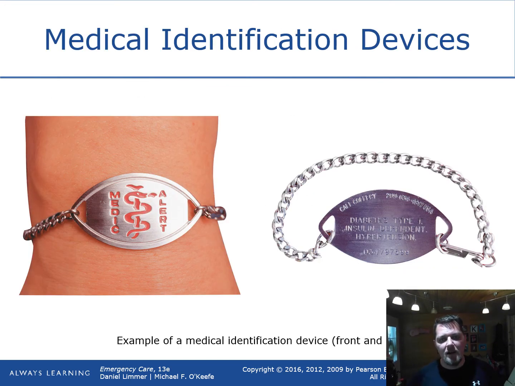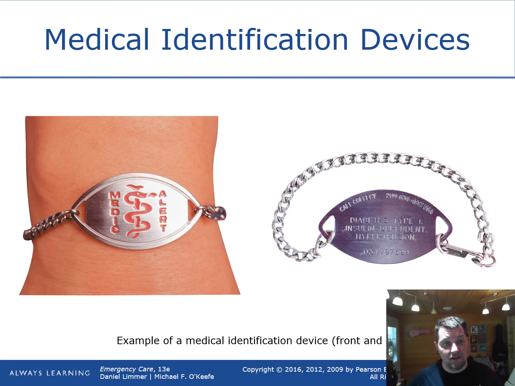Okay. Medical identification devices. So these are just a couple examples. There are so many out there. There are bracelets, necklaces. I've even seen a couple tattoos, especially on diabetics, where they put it on their wrist, right here, that they're type 1 diabetic or type 2 diabetic.